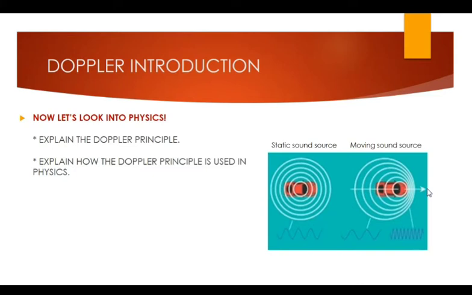So if we're standing, say, at the front of the car, and the source of sound is coming towards you, it's going to be a higher pitch. And you can see that in the little waveform down here. You can see that it's a higher frequency. If the source of sound is moving away from you, so now you're standing behind the car, the frequency is going to be lower. So it's going to be a lower pitch.